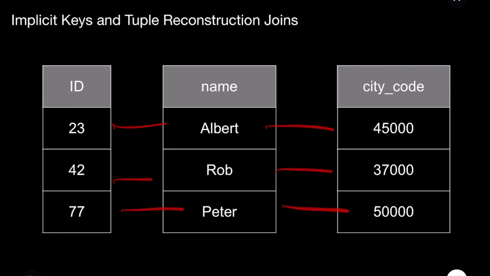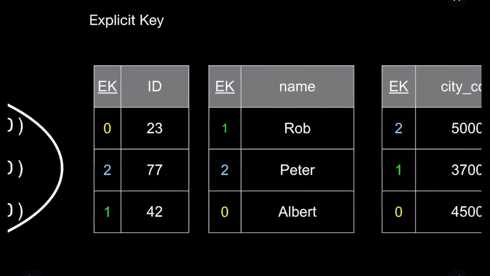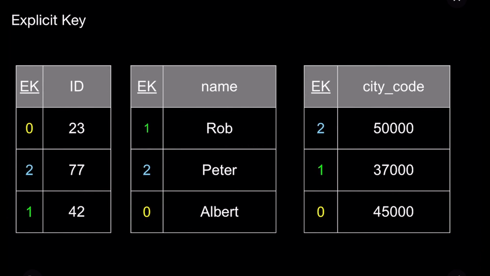That's okay. But if I have an explicit representation, as I showed you before, I know that those guys here belong together. And basically that means if I have any query where I'm selecting more than one attribute, as in the query we saw before, name and city code, I have to somehow reconstruct the tuples.